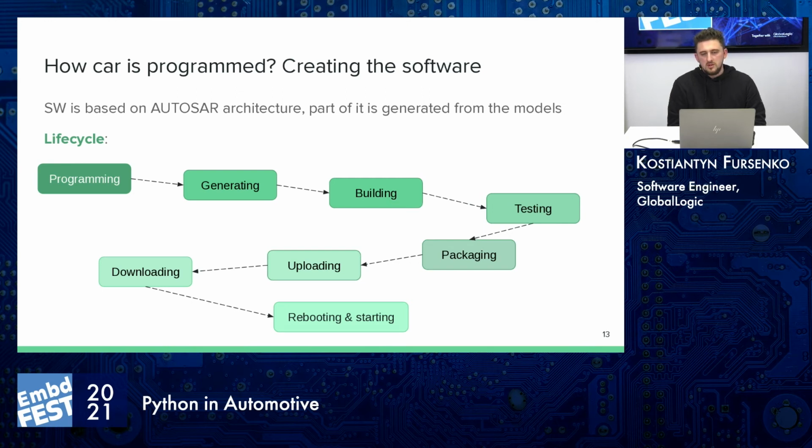Next, the code is packaged if tests are passed and uploaded to some storage where all the firmware is stored, and next it's fetched by some downloading mechanism to probably an external tester or some tool which can download the firmware to the ECU. And after that, the ECU is rebooted and started.